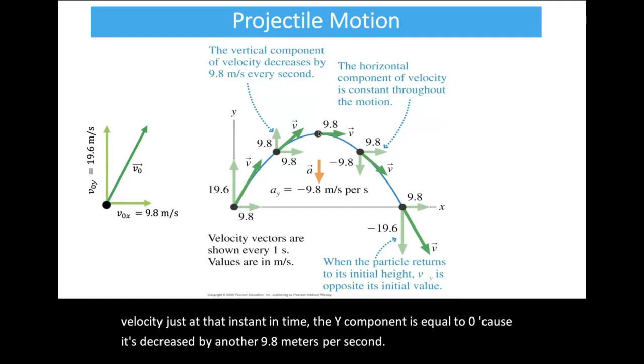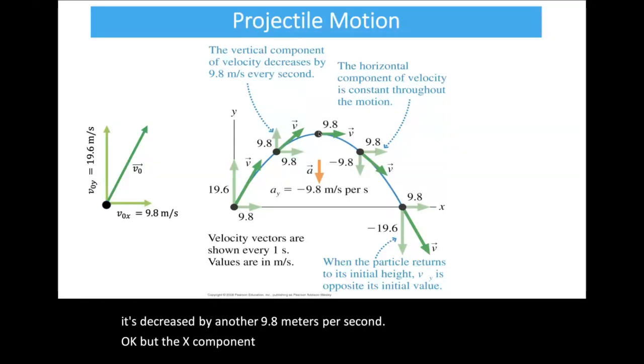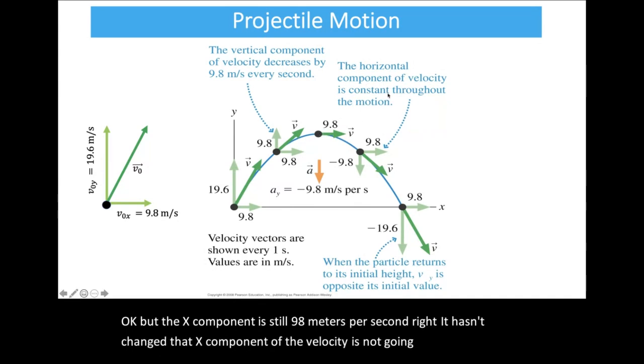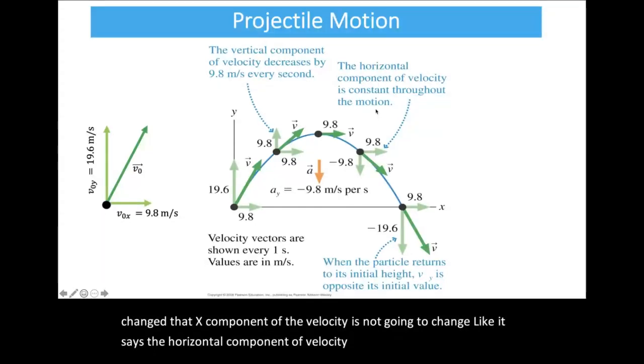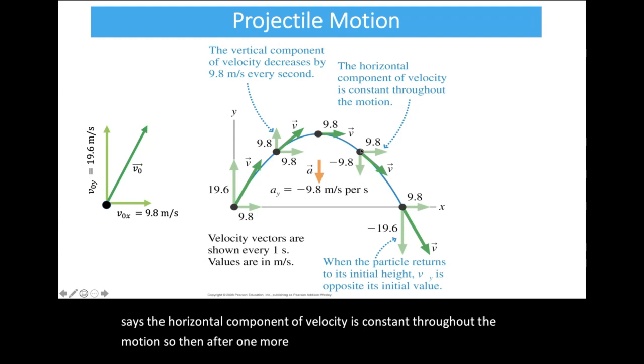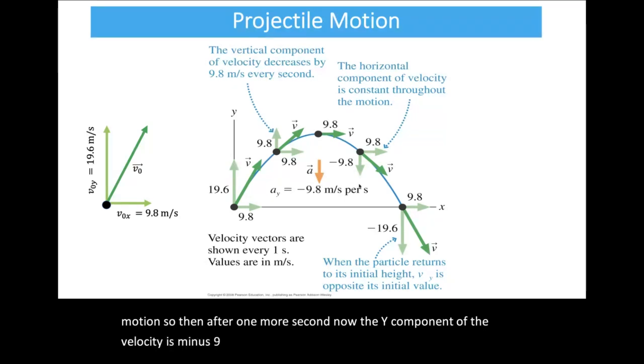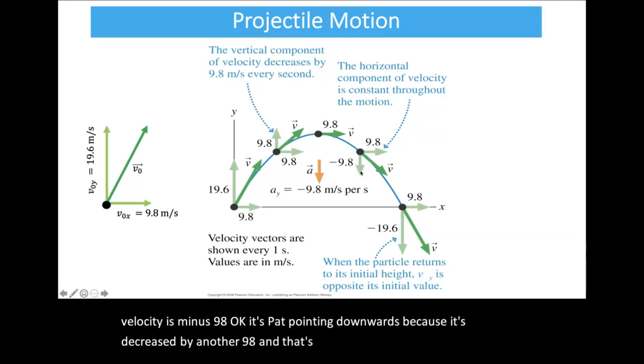But the x component is still 9.8 meters per second. It hasn't changed. Like it says, the horizontal component of the velocity is constant throughout the motion. So after 1 more second, the y component of the velocity is minus 9.8. It's pointing downwards because it's decreased by another 9.8, and that's flipped it in the negative direction.